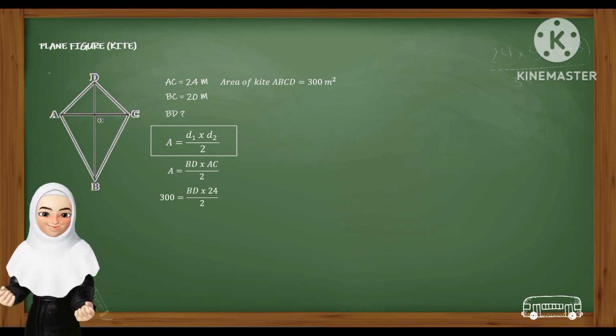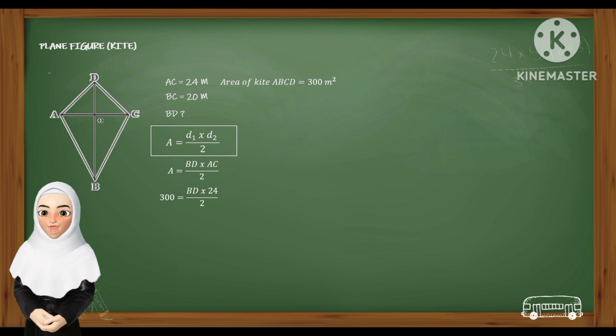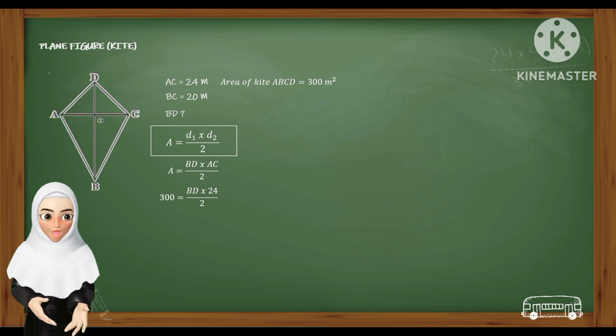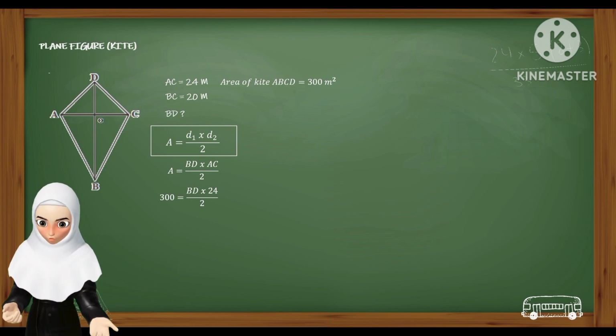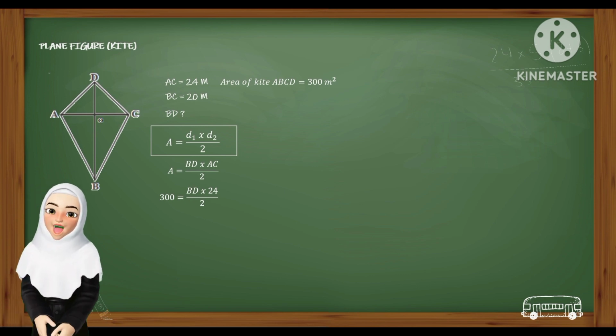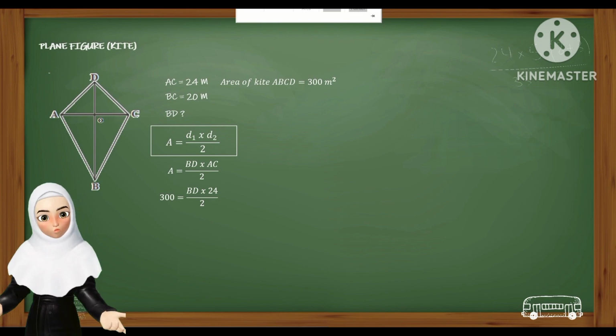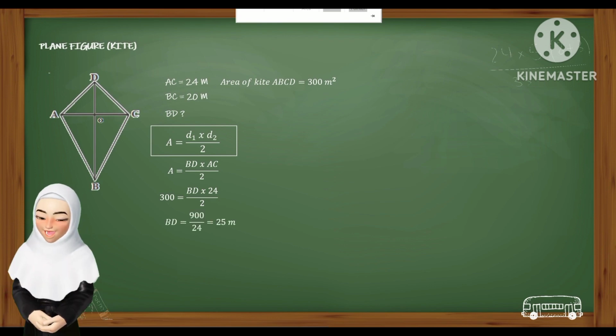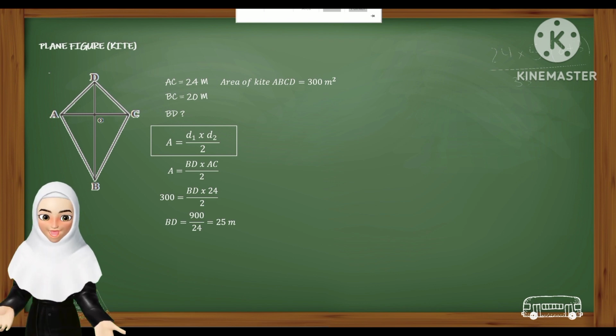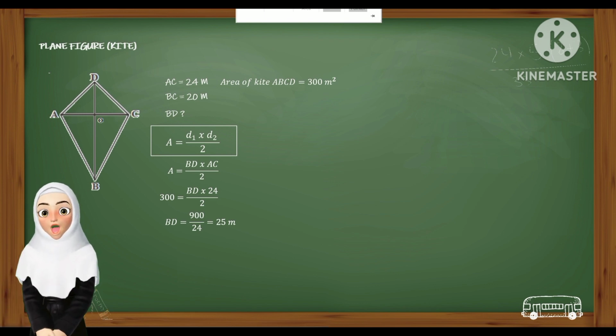And then we substitute the values in. So we have 300, which is equal to the length of side BD times 24 divided by 2. So the length of side BD is 600 divided by 24, which is equal to 25 meters.